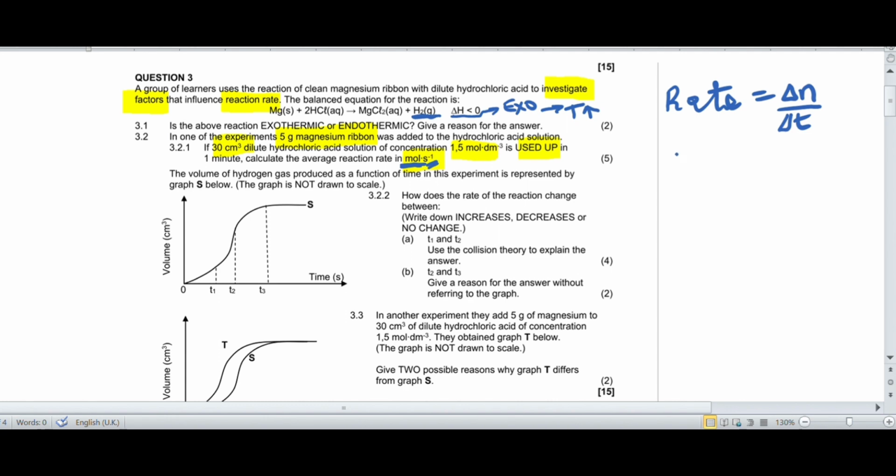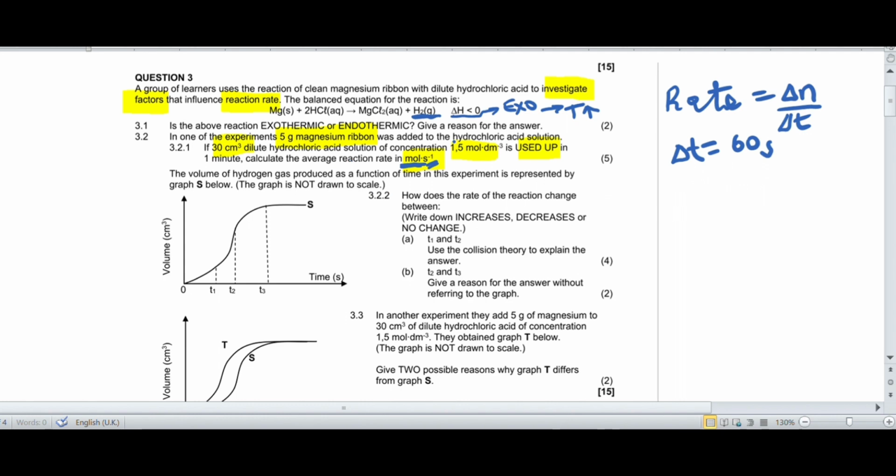Then the time delta t is equal to 1 minute. So 1 minute is equal to 60 seconds, which means our time must be changed to seconds. So we say 1 times 60 to convert minutes to seconds, because we want it in mole per second. So the time must be in seconds.